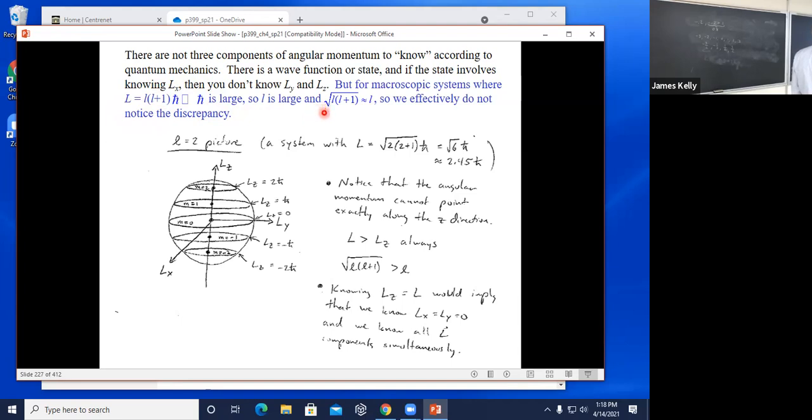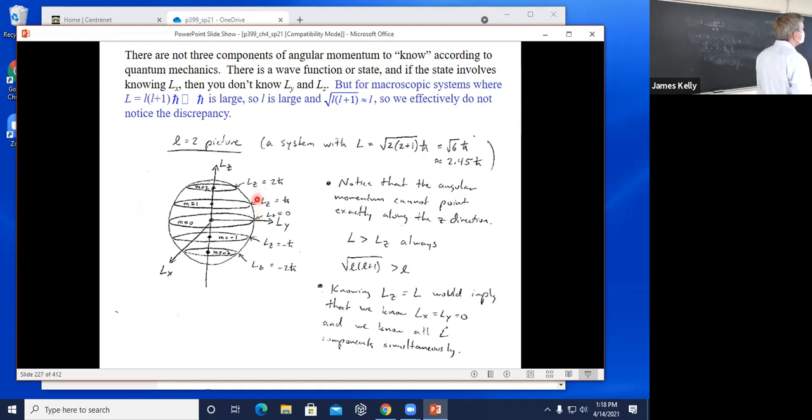And when the quantum number is large, the square root of L times L plus 1, that's the square root of L squared plus L, I can ignore the L compared to the L squared when L is large. And so the magnitude of the total angular momentum can be really, really close to the z component of the angular momentum in that case. I guess I'm saying that, I was tempted to say it the wrong way.